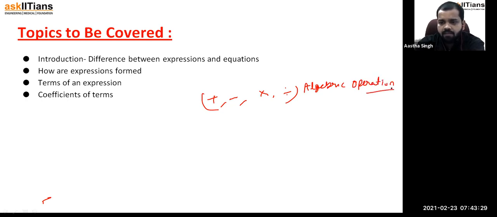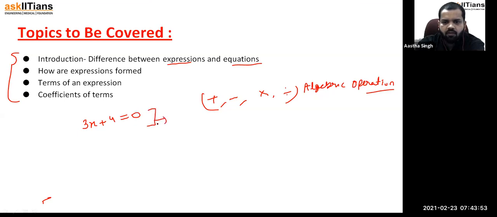What is expression? We will now study, right? So, topics to be covered. We'll cover the difference between expression and equation. There must be a difference between expression and equation. Suppose I say 3x plus 4 is equal to 0. What is this?